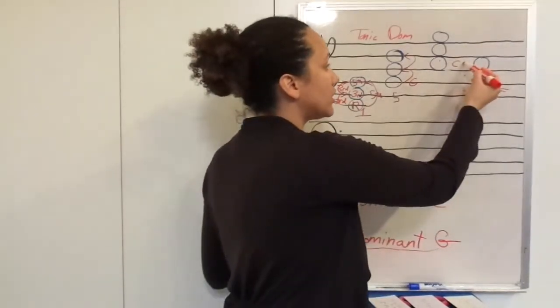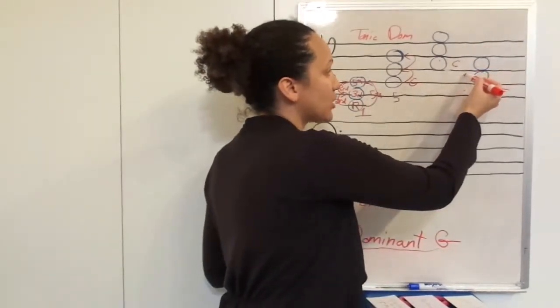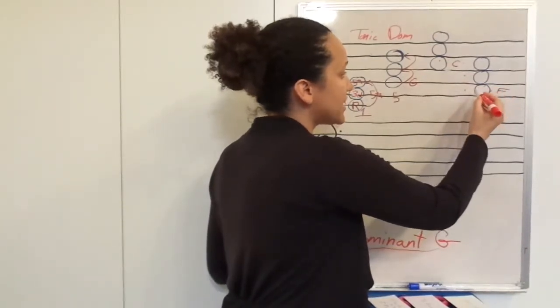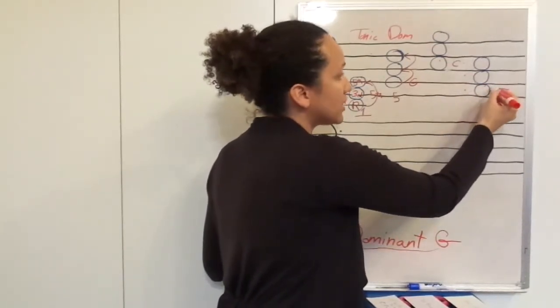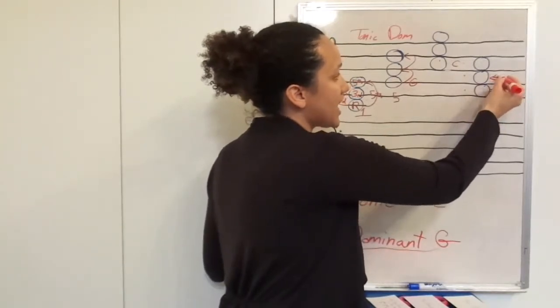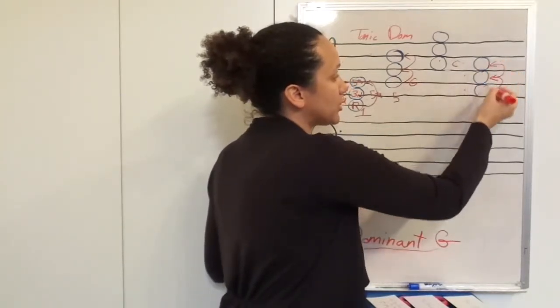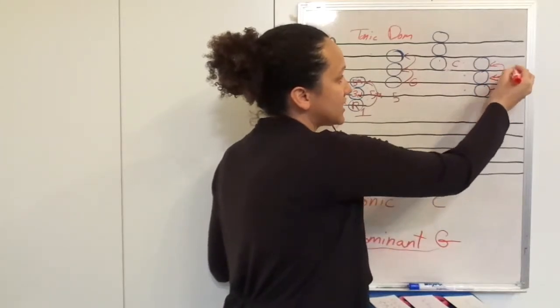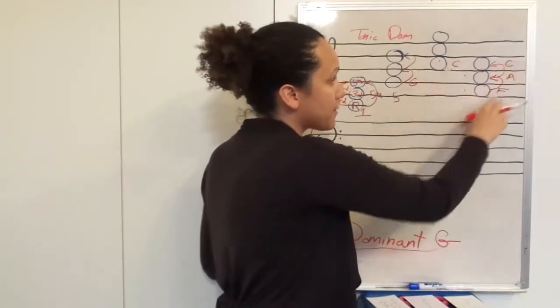So, unison, second, third, fourth, fifth. There's our F chord, and then this becomes skip up to the A and skip up, and there we have our triad to the C. So F, A, C makes our F major chord.